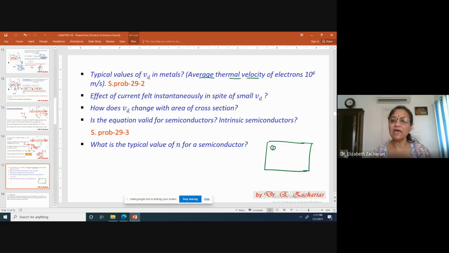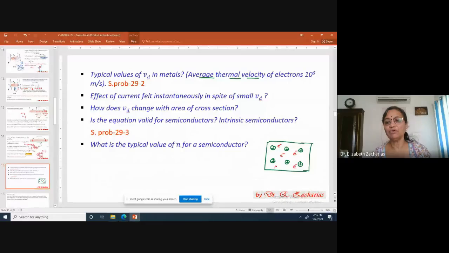Lattice means I will see the positive ions fixed to their position at regular interval. Copper, for example, Cu+ ion will be sitting in regular interval. And let's say each of them is going to donate one free electron. These free electrons will not be bound to the atoms.